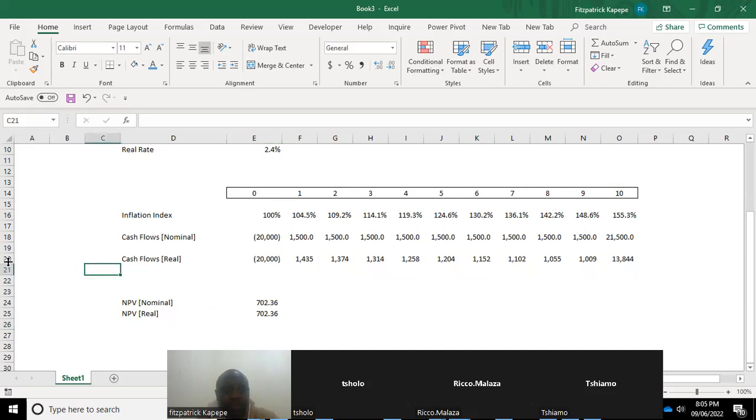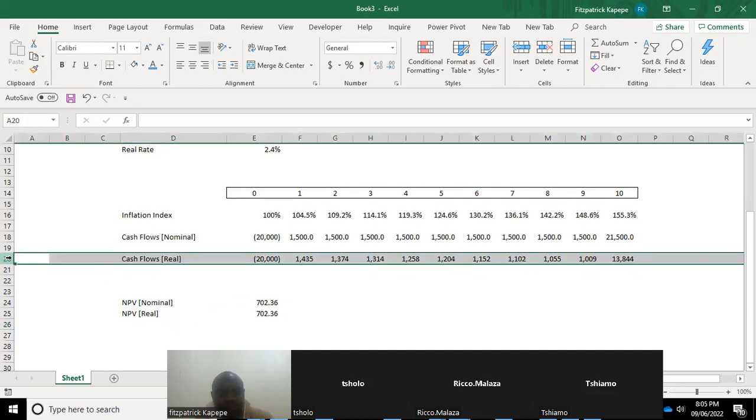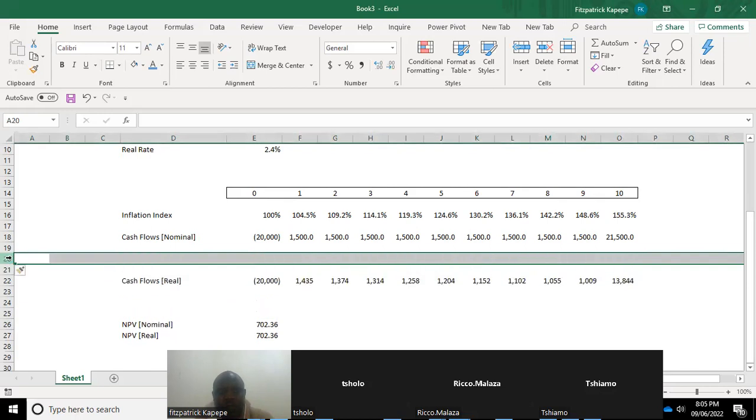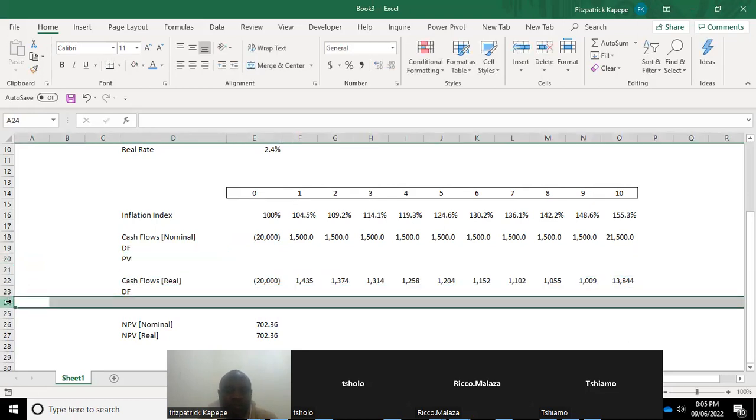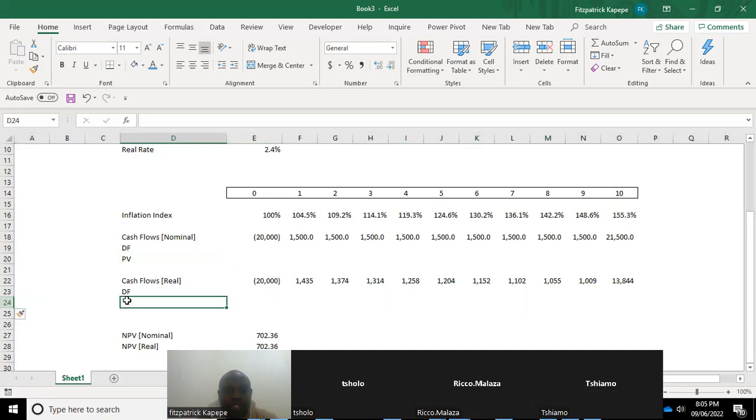So this is what we can do. Here we'll have the discount factor, and there we'll have a discount factor. And here we're going to have the present value, and here we're going to have the present value.